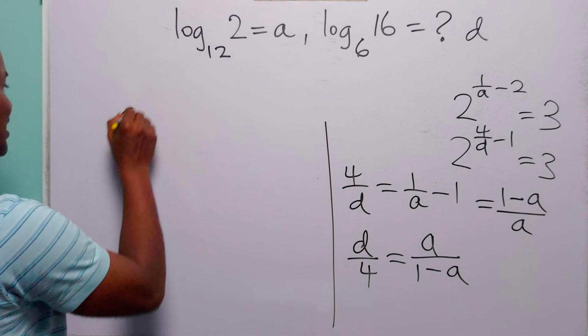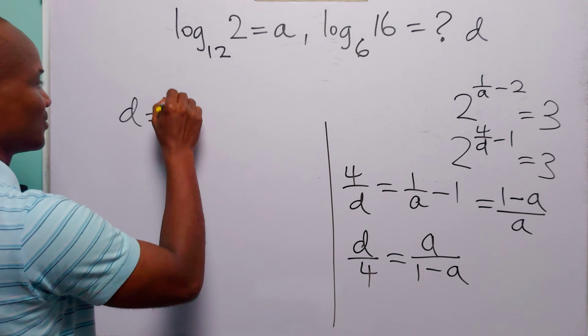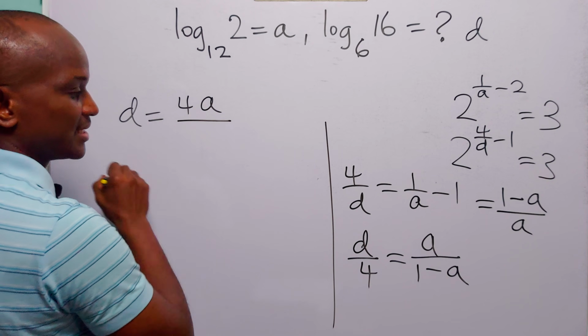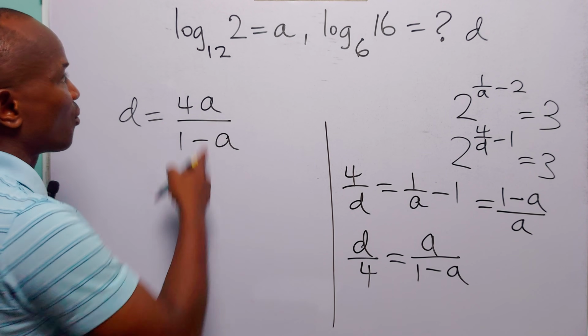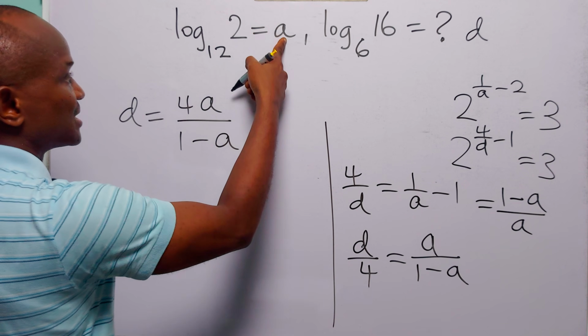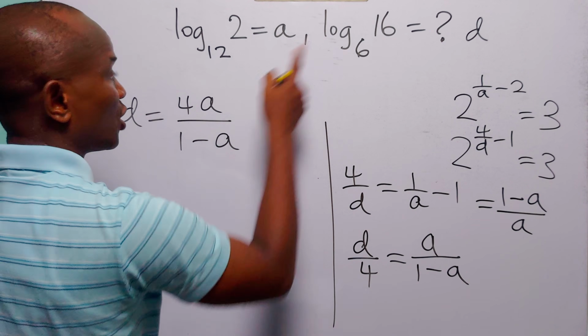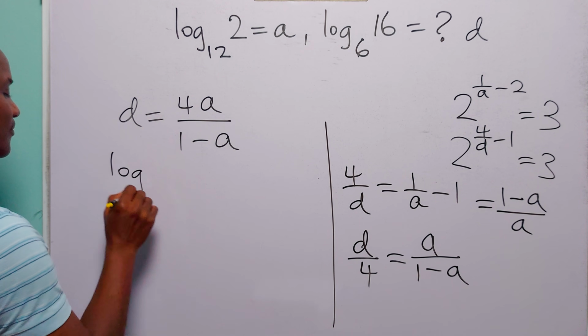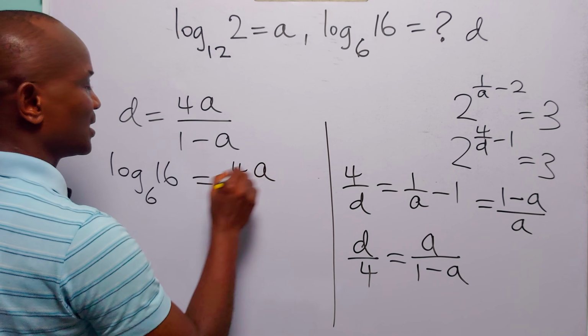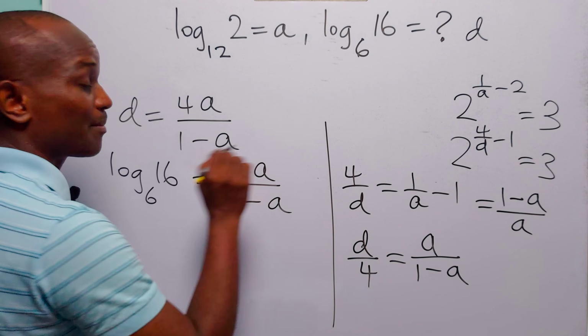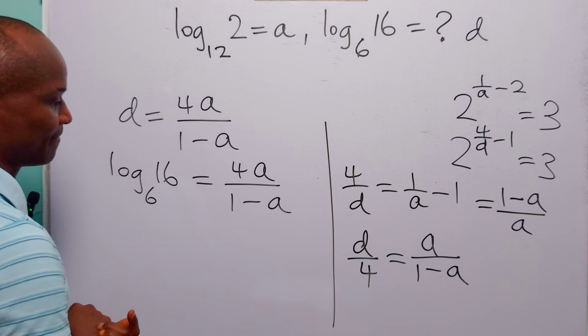When we do that, we have that d is equal to 4a divided by 1 minus a. So when log to base 12 of 2 is equal to a, then log to base 6 of 16 is equal to 4a over 1 minus a.